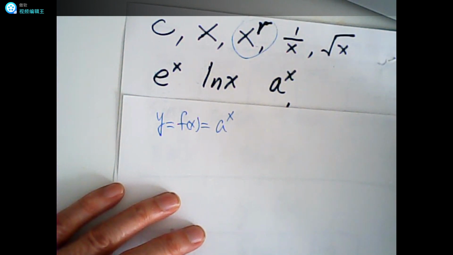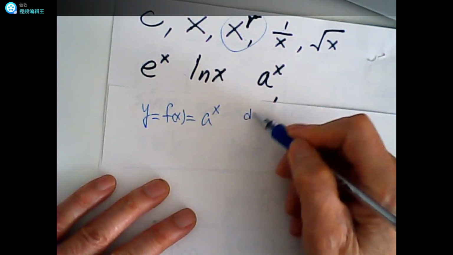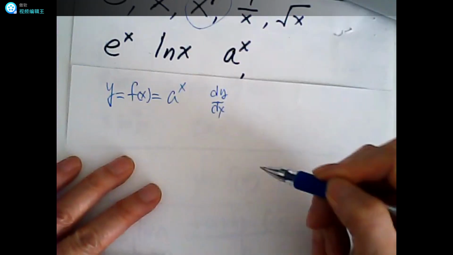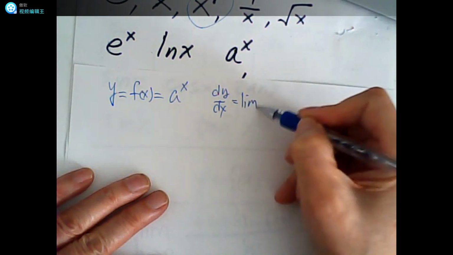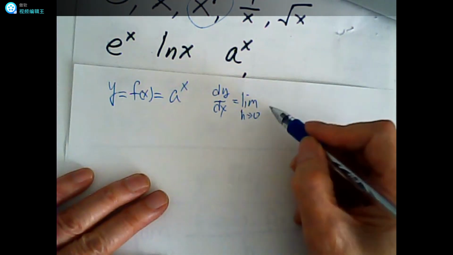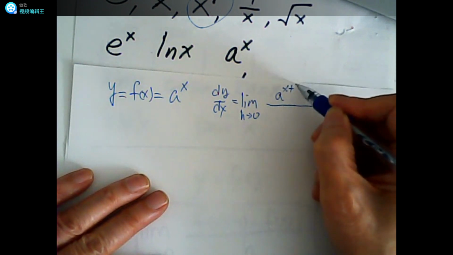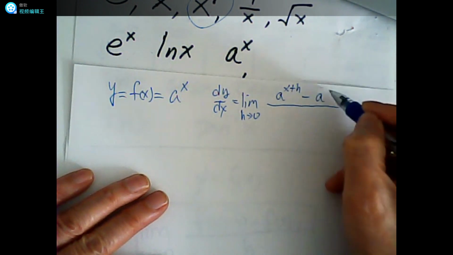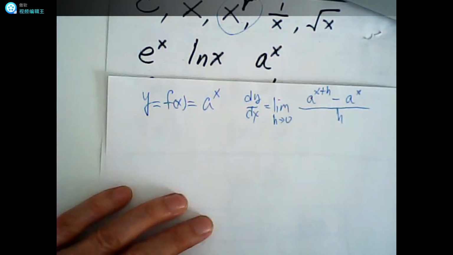Now, how do we start? dy/dx is equal to the limit as h approaches 0 of a to the power of x plus h minus a to the power of x, over h.